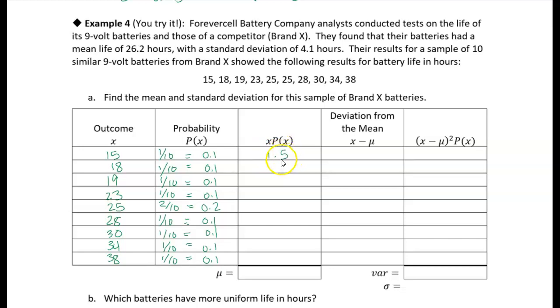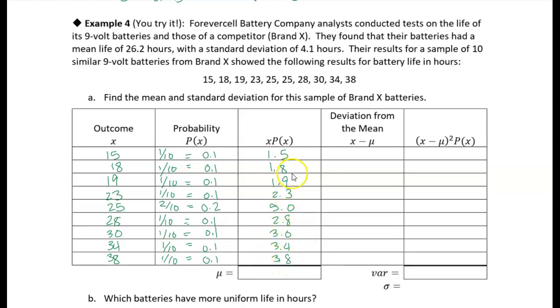So this is 1.5, this is 1.8, this is 1.9, this is 2.3. Now this one we're going to multiply by 0.2, so then we get 5.0. The rest are just basically 1/10, so this one's 2.8, 3.0, 3.4, 3.8.